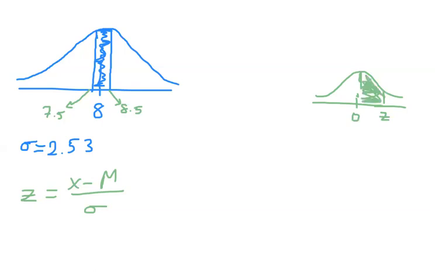So if I use this formula with either 7.5 or 8.5, I can find half of the area of the histogram piece. And since the normal distribution is symmetric, if I find either this area or this area, I can multiply it by 2, and that gives me the whole area of this histogram bar. So let's do this calculation.